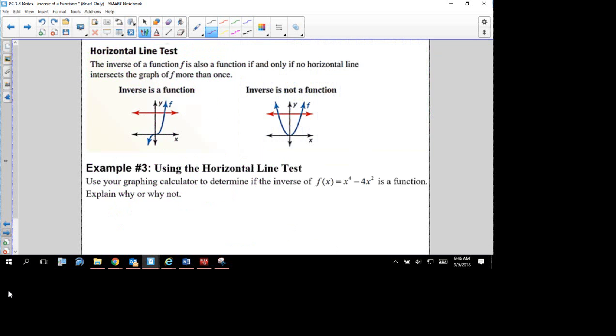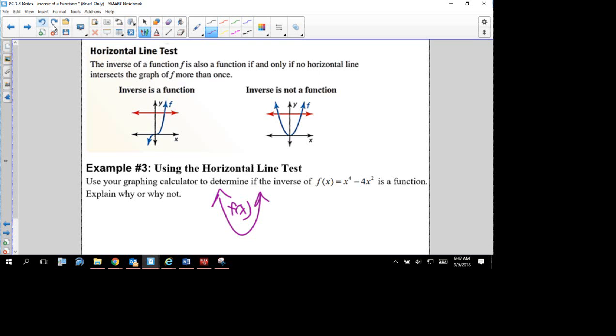I've already talked about the vertical line test. There is something called a horizontal line test. That would be before you flip it, before you reflect it. You could tell if it's going to be a function or not. Like if I graph a parabola for my function, if that's my f of x, when I go to flip it, is it going to pass the vertical line test?